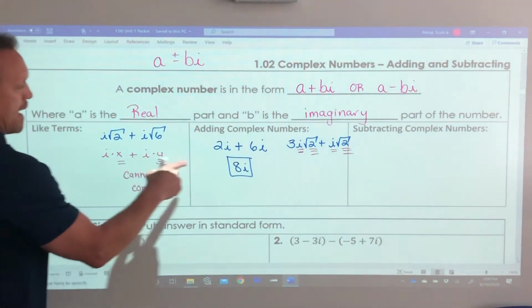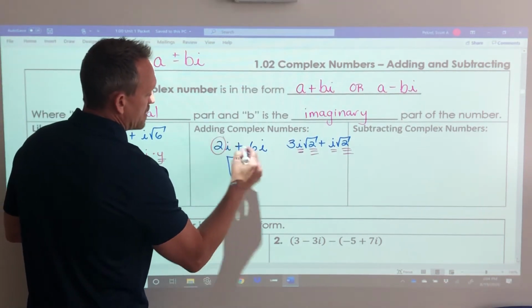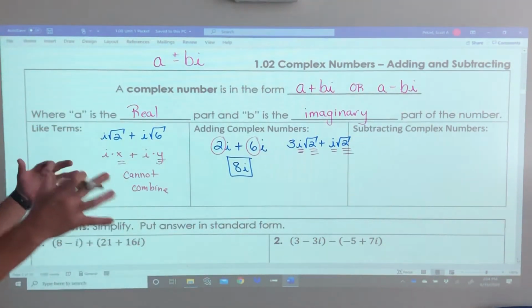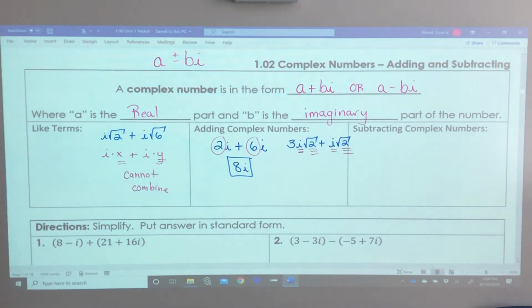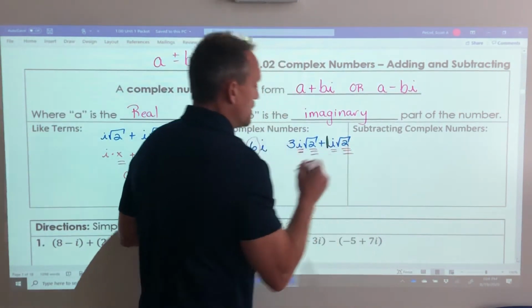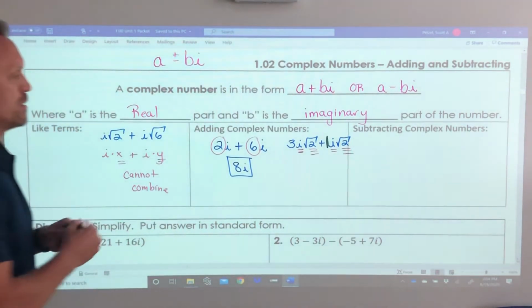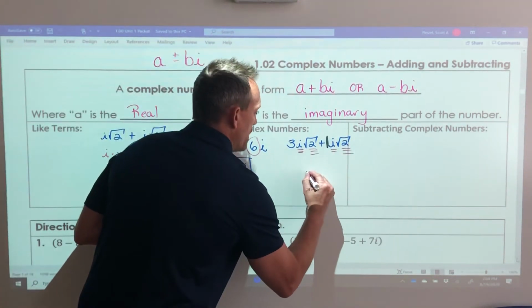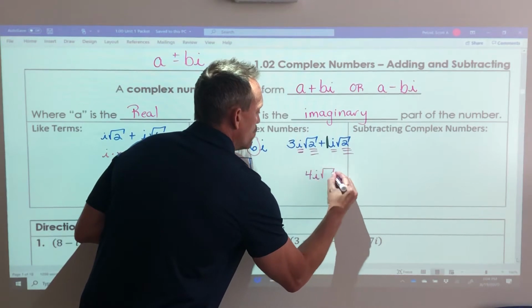It does not matter. We just confirmed that this doesn't matter, the number in front of the i. That's what you're actually combining. The number in front of this i is technically a 1. So you could combine this, and this would be 4i root 2.